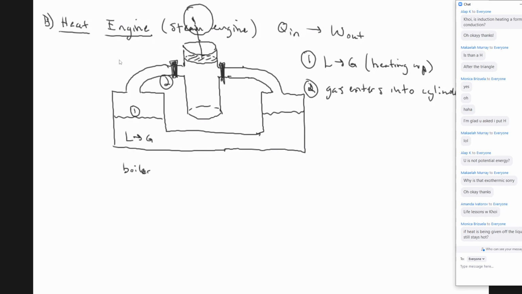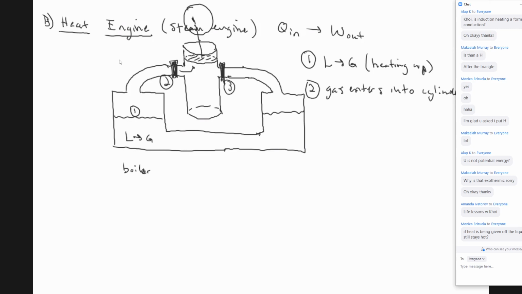That could turn your turbines for your production of electricity. That can turn an axle or rod for rotating your car, your paddle wheel, right? In the original Fulton steam engine, that's what it did. But all of the things are still the same. It turns an engine, right? So that gas rushes in, pushes up on that engine.